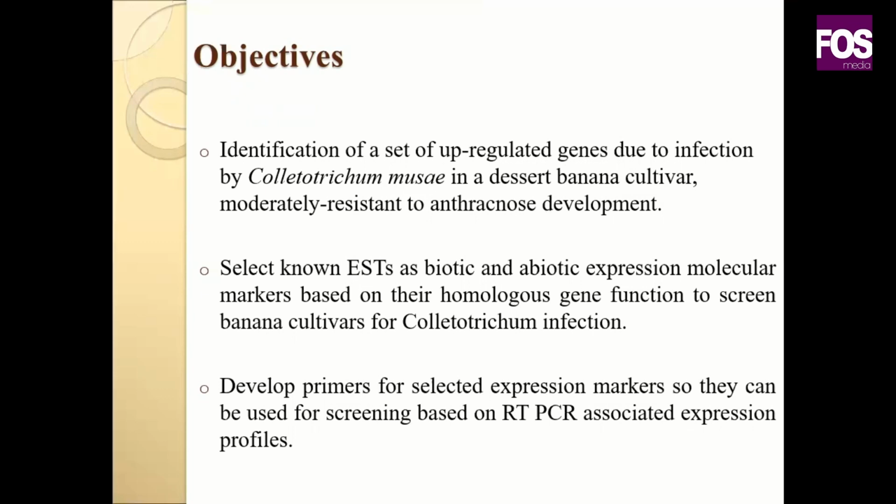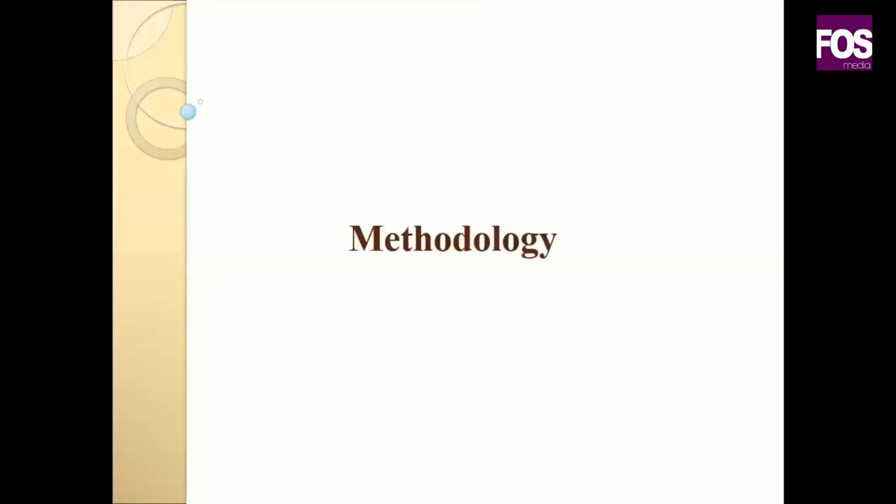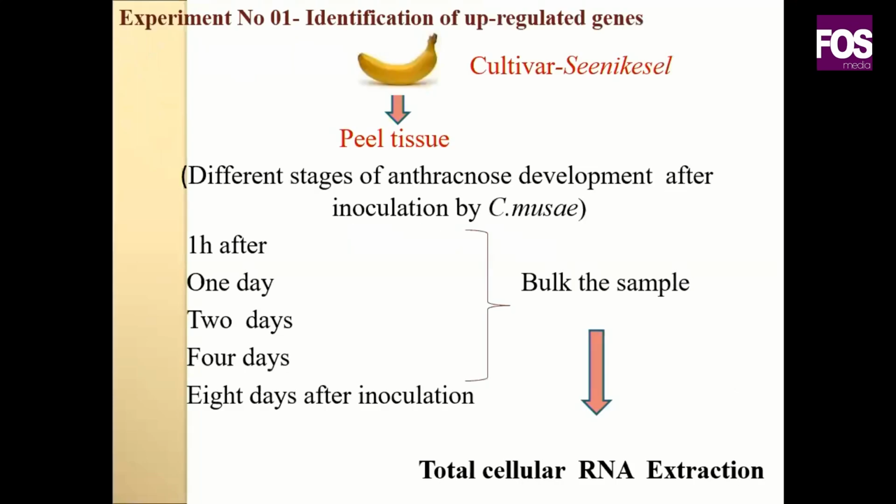Then we select some of the expressed sequence tags of biotic and abiotic expression molecular markers and their homology function to screen banana cultivars against Colletotrichum infection. Then we develop primers for selected expression markers so they can be used for screening based on RT-PCR associated expression profiling. I will explain the methodology.